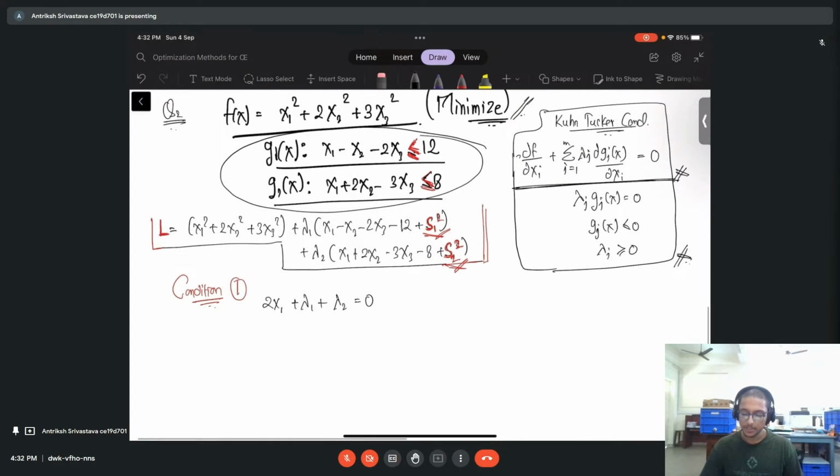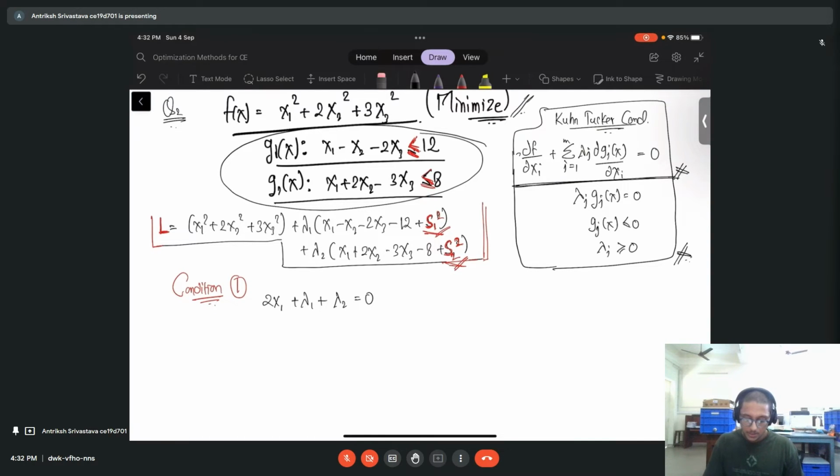Let me write for x2 and x3, then you can together tell me what is the correct one. Now you can tell me whether what I have written here is correct or not.